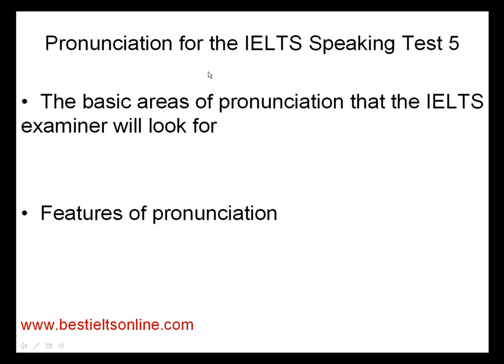So as we can see, this is pronunciation for the IELTS speaking test number 5. In the first two videos I discussed at greater length the basic areas of pronunciation that the IELTS examiner will look for, and I talked about different features of pronunciation.